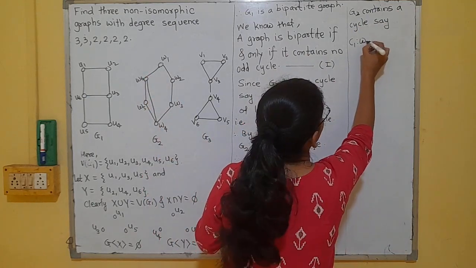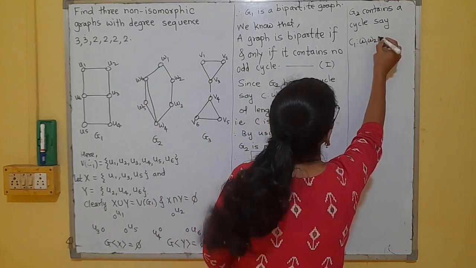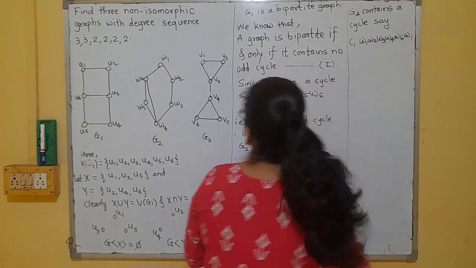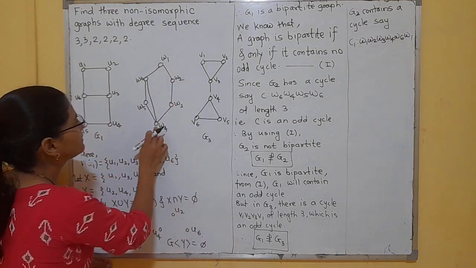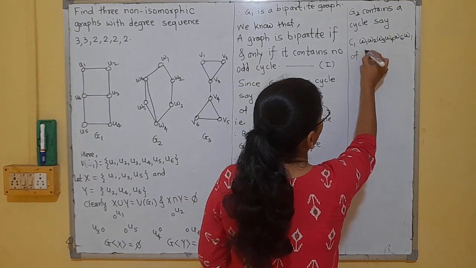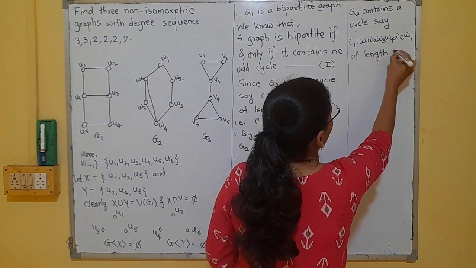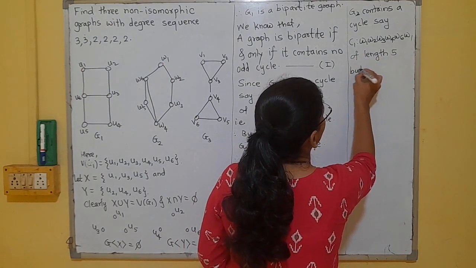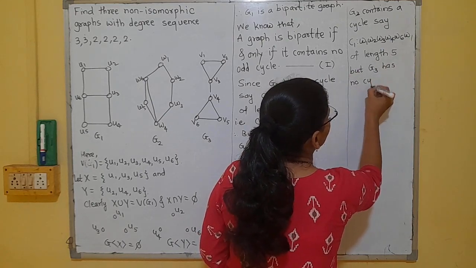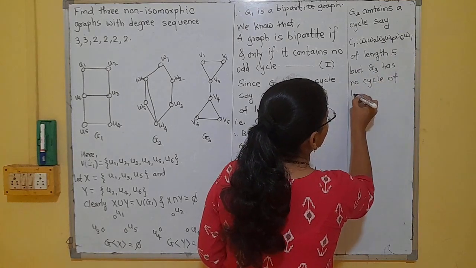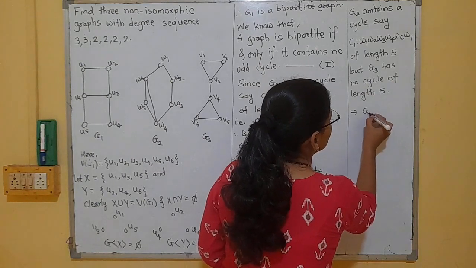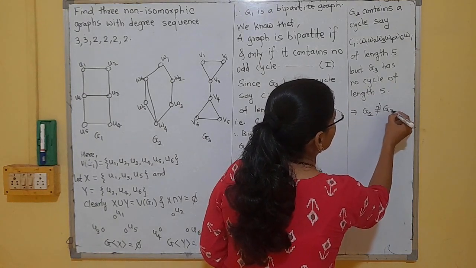W1, W2, W3, W4, W6, W1, of length 5. But G3 has no cycle of length 5. So that implies G2 is not isomorphic to G3.